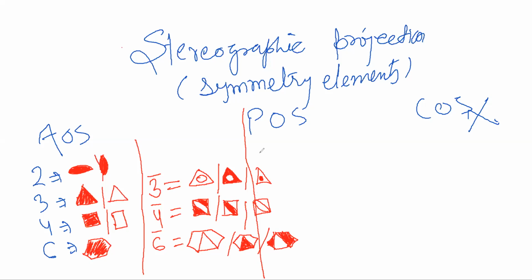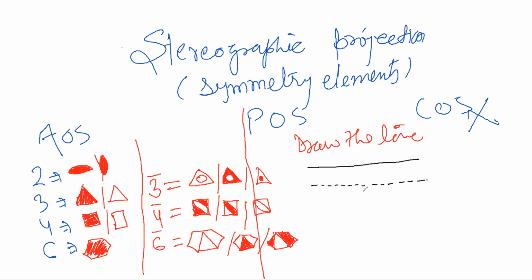Now coming to the plane of symmetry. For plane of symmetry, we have to draw the line. All right, and the line can be dark or dotted. If a dark line is there, it is known as a continuous line.